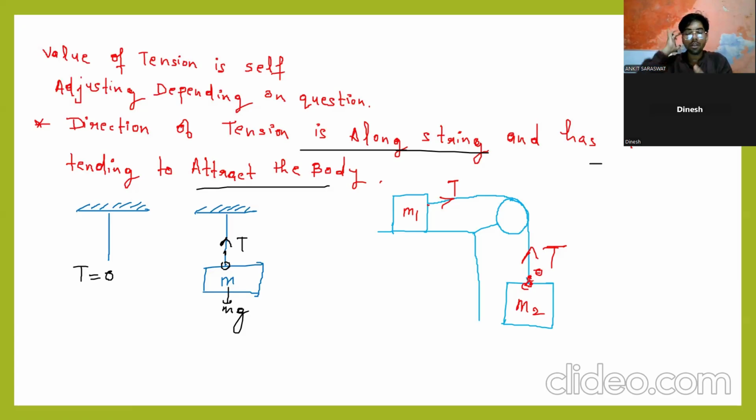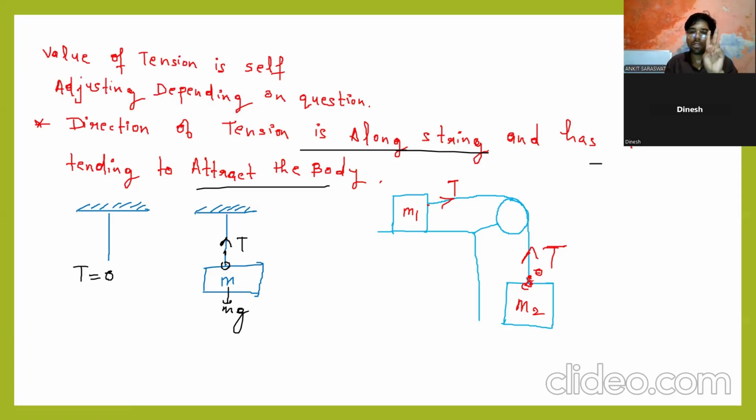And the electron of the string will apply the force down. So the block is applying tension in the downward direction, and the string is applying tension up. You can say electron repulsion also. Because they are that close, there is a repulsion force. You can understand it in two ways.